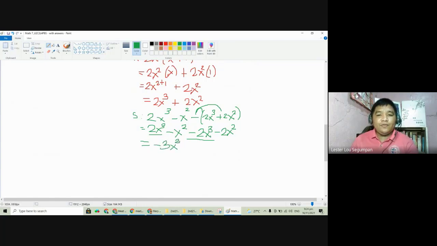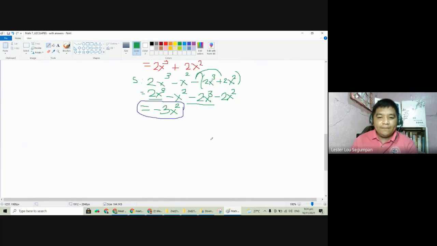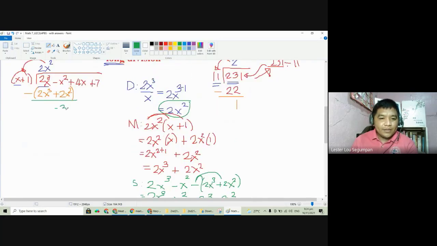If you have some confusions as to how they are added or subtracted, please try to review the operations on integers and the previous operations. So this is your first difference. And that is what we're going to place here, similar to what we have done with 1 here. We are going to place negative 3x squared.